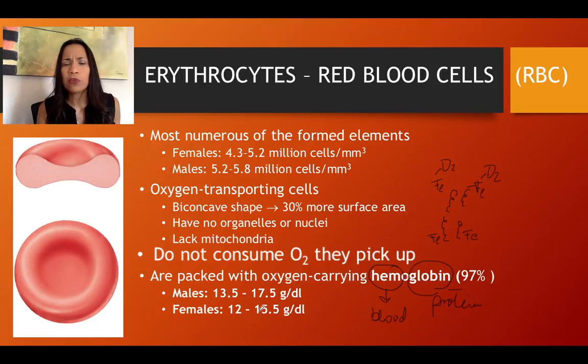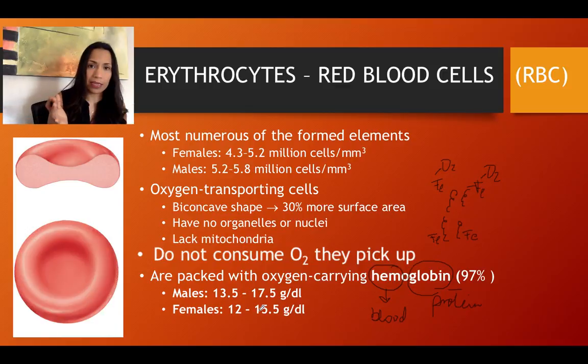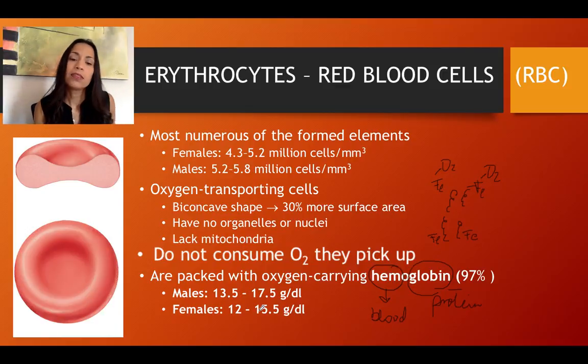Usually, all of these values are lower in females. One, because we're smaller, so we have less volume of blood, and we menstruate, unlike men. So these values are lower than male values. Okay, so it's around, let's put in the middle, 13, 14 grams per deciliter.